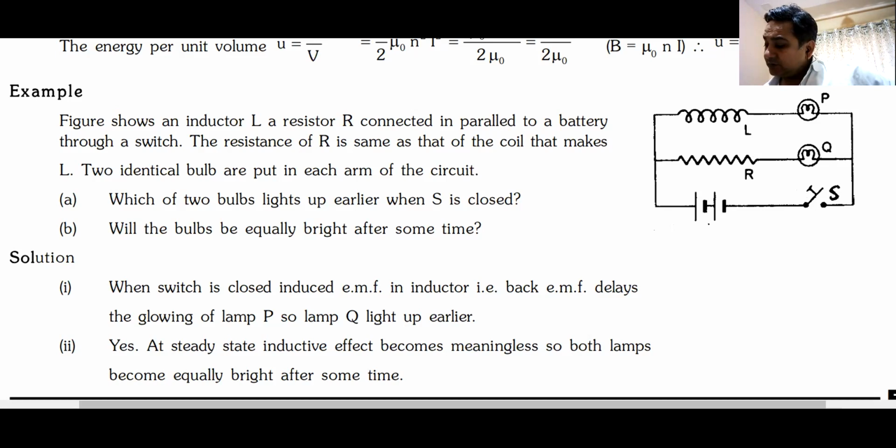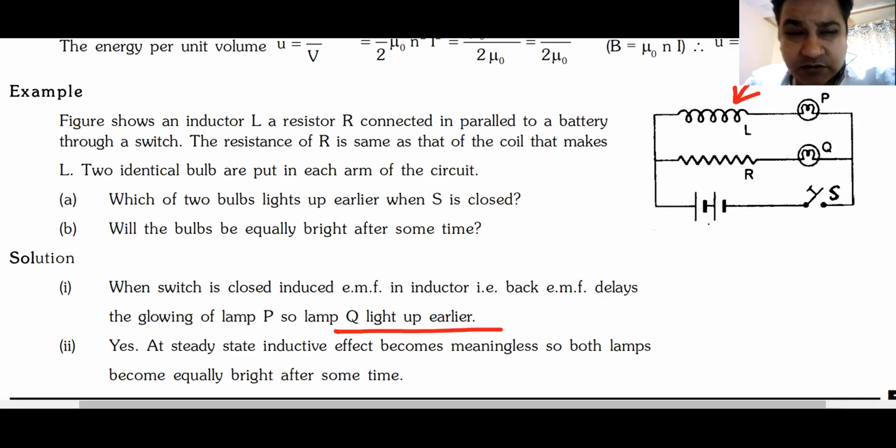It's obviously bulb number Q that will light up earlier, because as soon as you put the switch on, current will try to increase. The inductor has this property of opposing the rate of change of current because of induced EMF. Some people also call it back EMF, and hence it will not allow sudden change of current, and hence this branch will glow a bit later.